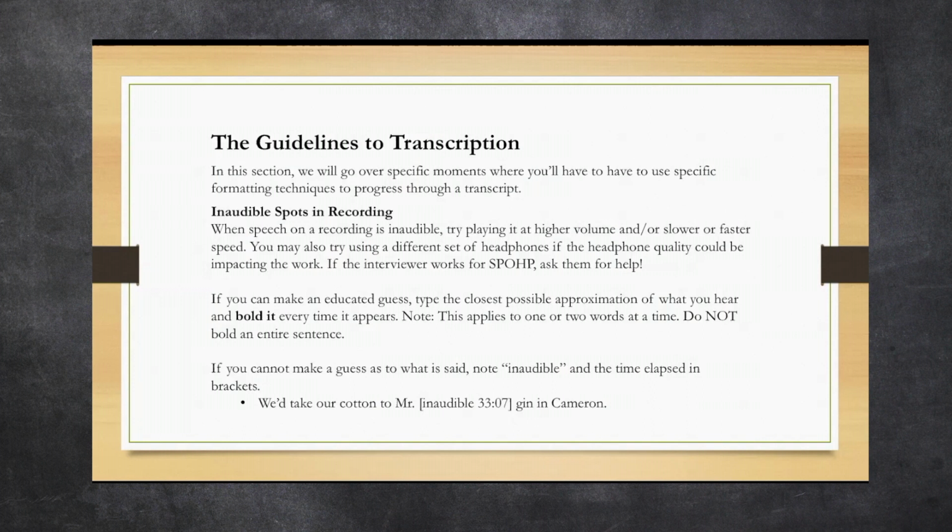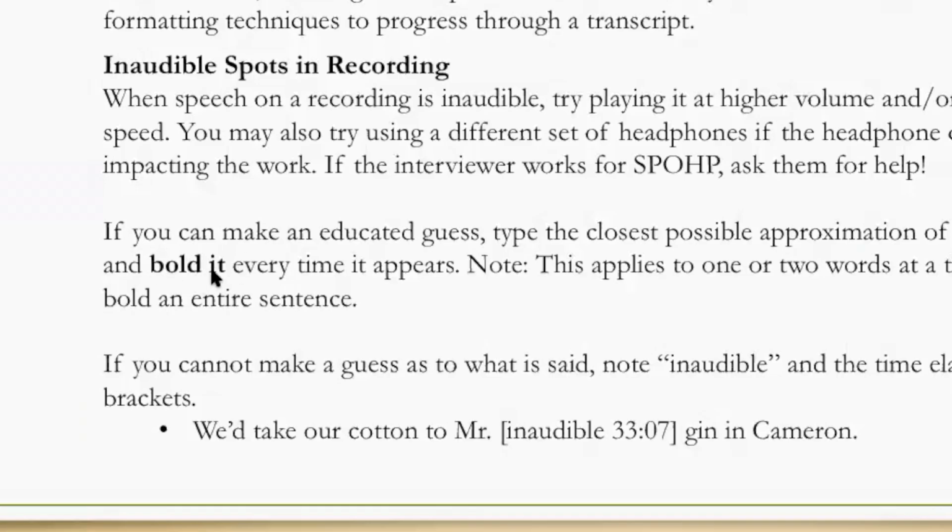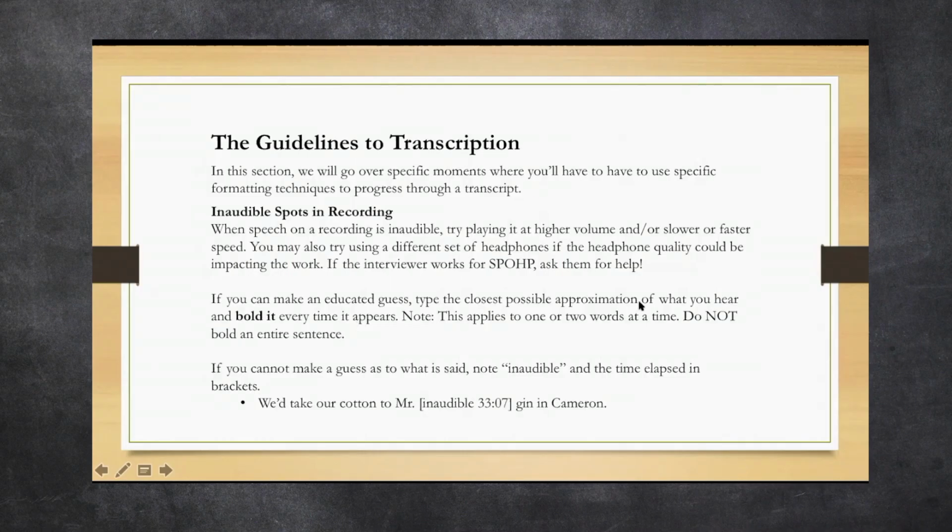Someone would put lice or nice or something of that sort. If you can make an educated guess, we want you to write what you think you hear and then bold it. The audit editor who comes after you is going to pay attention every time you bold something so that they're going to be able to possibly fix it. So don't bold an entire sentence unless you're really able to make a long educated guess. However, that's more of an inaudible, which we're about to go towards.